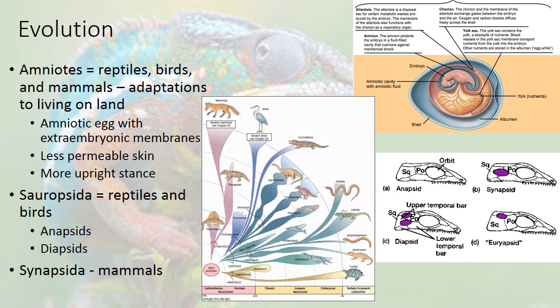So when you look at how amniotes are now classified, it's a little bit tricky, because we think of reptiles, and we're going to think of reptiles for the sake of our course, as snakes, lizards, turtles, and crocodiles, alligators, right?